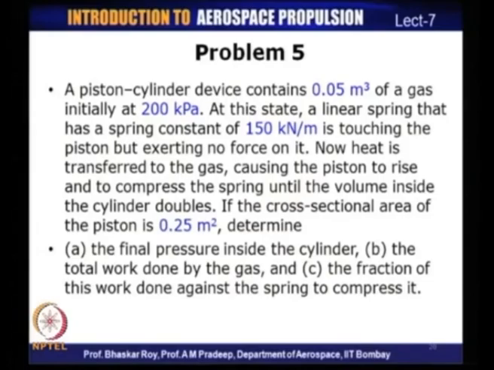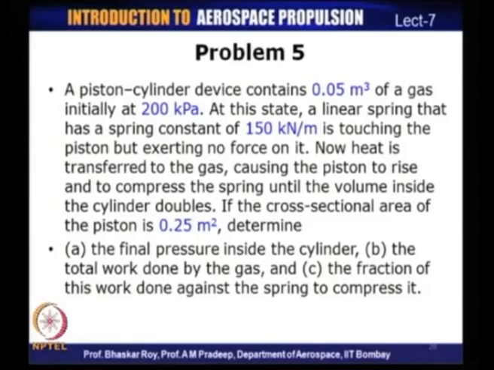So, here we have what looks like a rather complicated problem, but as we understand it a little better, it will turn out that it is not as complicated as it looks, though the question looks a little long. We have a piston cylinder device, wherein the cylinder contains initially a certain amount of gas at a certain pressure and volume, and then there is a spring which has a spring constant of 150 kilonewtons per meter.